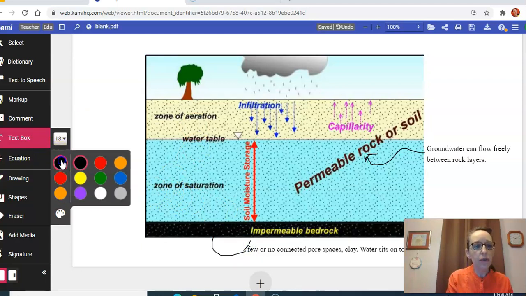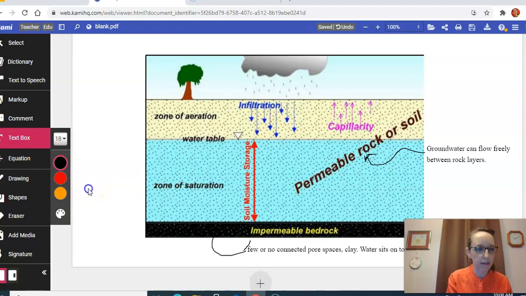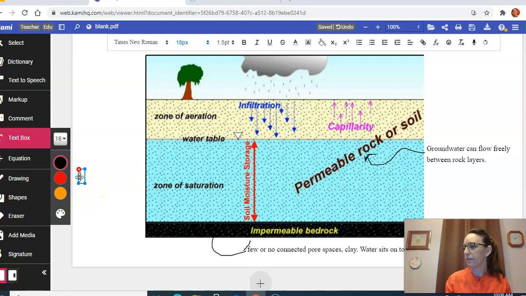Now, our zone of saturation here, what do you think zone of saturation means? Okay, yeah, full of water, holding water. Well, remember when we talked about those pores, the spaces, so that when we have a zone of saturation, every single pore, every single space, every single hole is filled with water. So that is our zone of saturation.